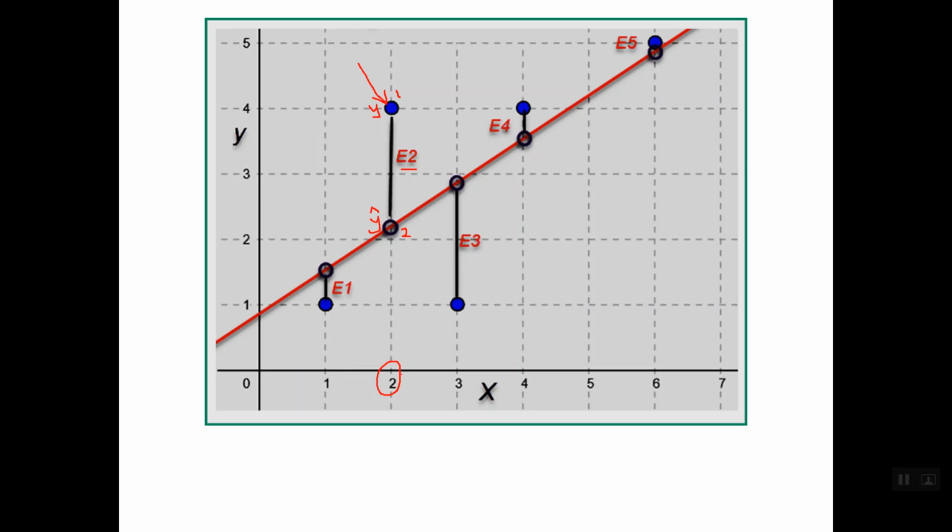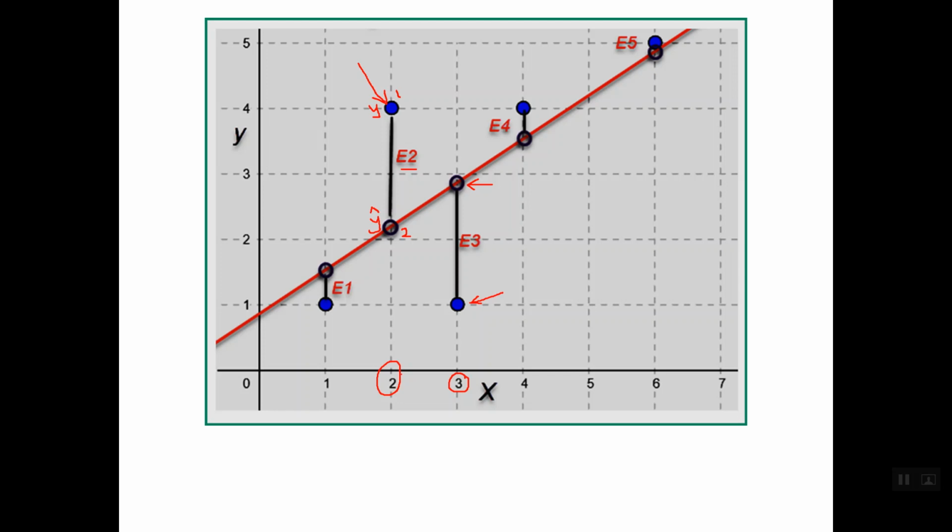Same for x equal 3. We have 2 values for y. We have this value here, which is the actual value of y, which is simply 1, and the other value is the predicted one on the regression line, and the difference between these 2 points represents the value of the error.